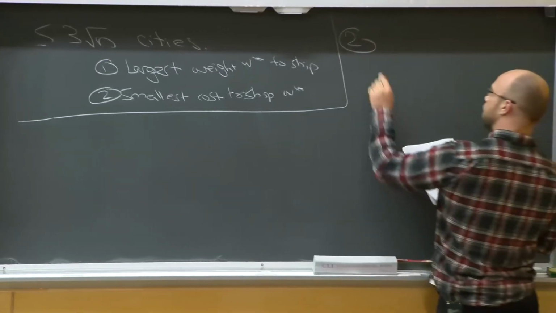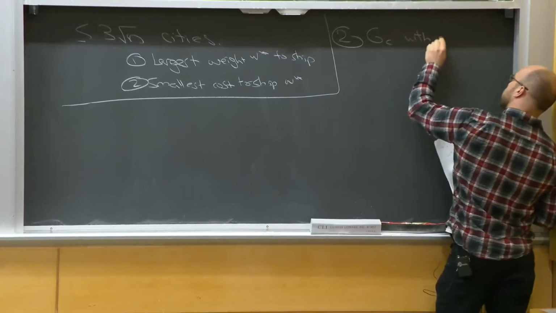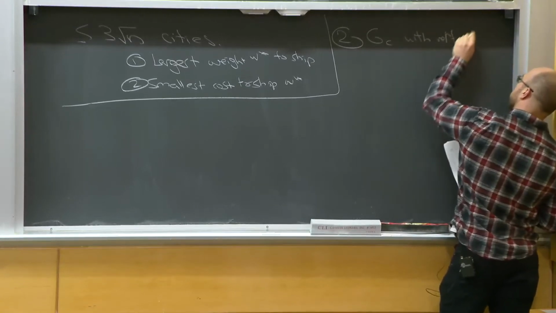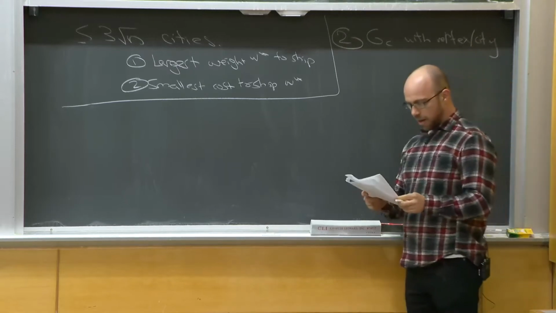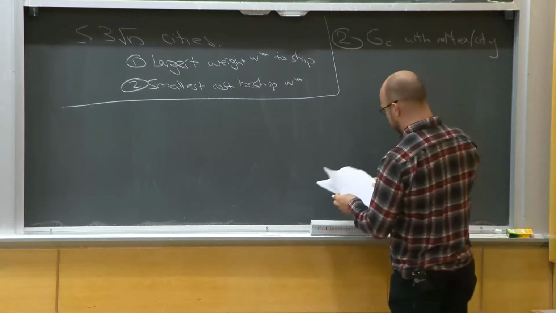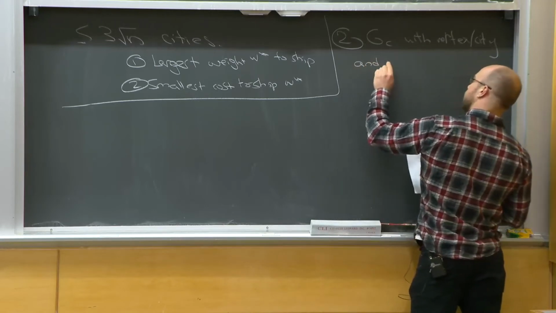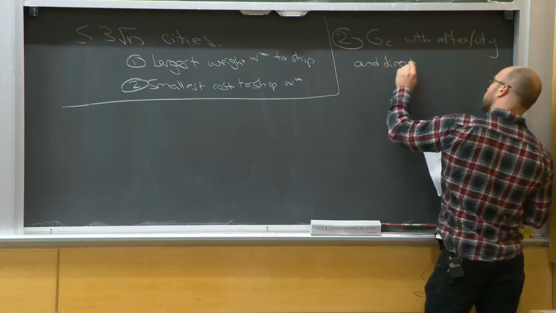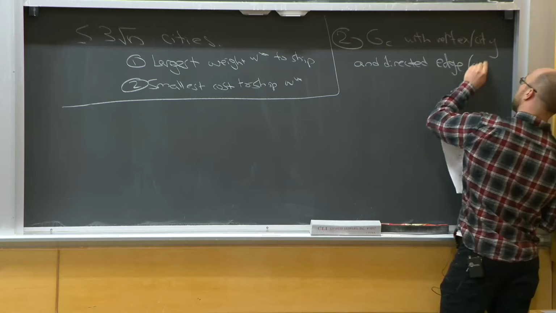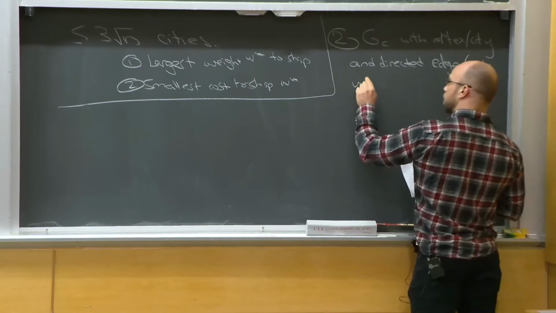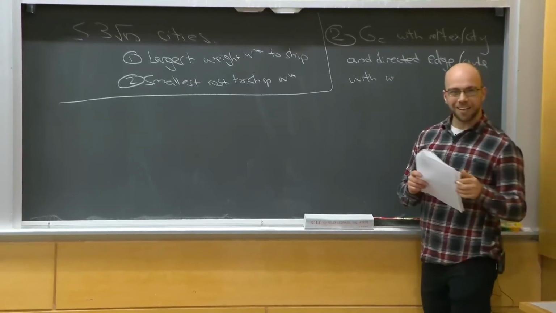I can make a new graph G sub C with a vertex for every city and a directed edge, sorry, per shipping route with, this is going to be an unfortunate clash in terminology.